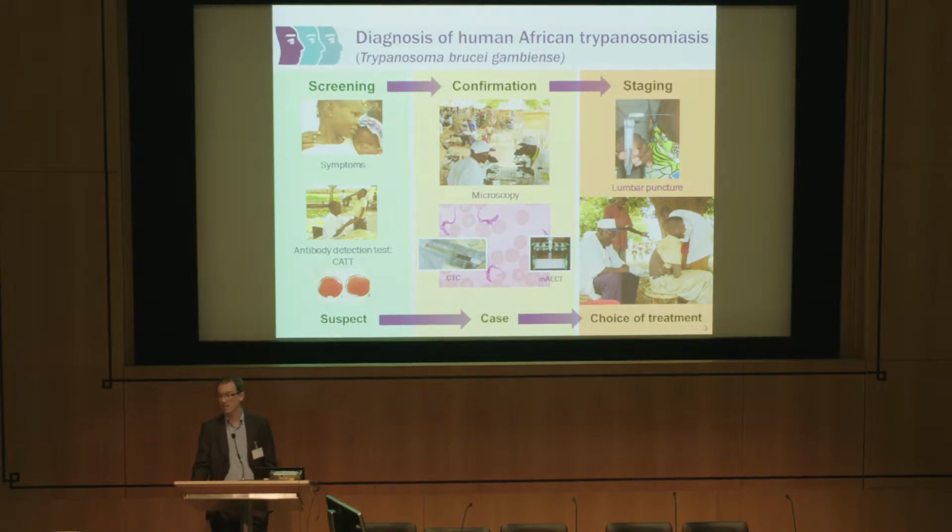Screening is essentially today based on a screening test called CAT, which is an antibody detection test. Then it is necessary to confirm infection by microscopy to really demonstrate the presence of parasites. And finally, before initiating treatment, it's necessary to determine whether the patient is in the first or second stage of the disease, since treatments for these two stages are different today.